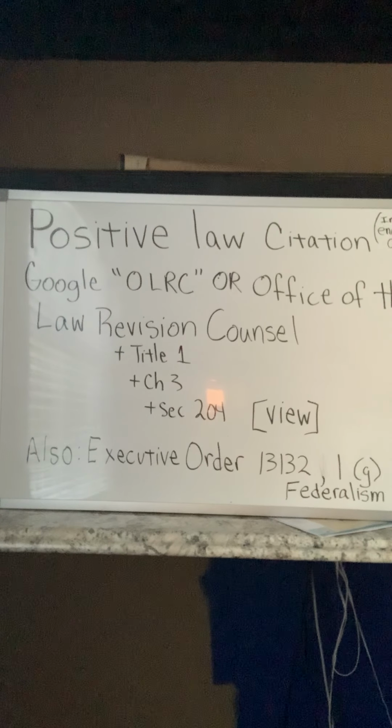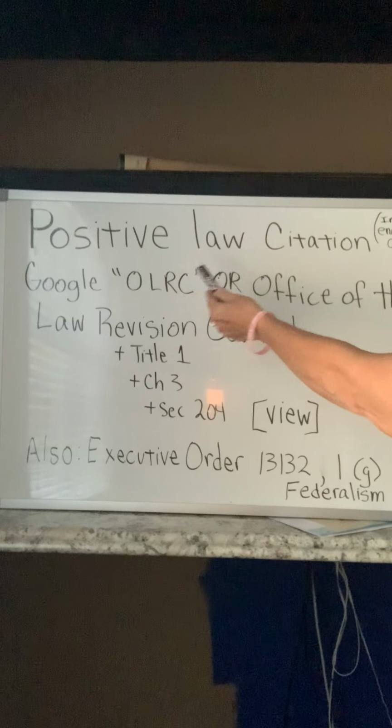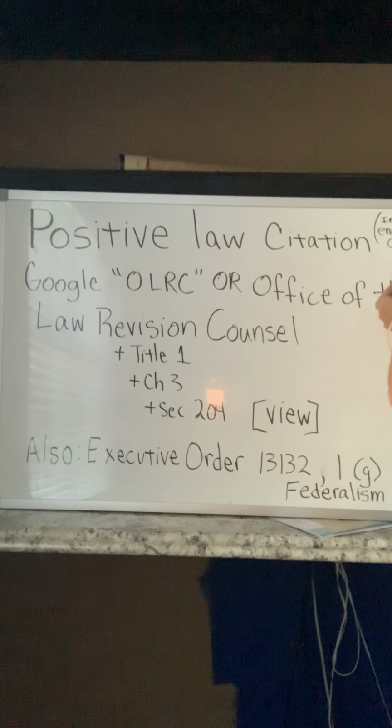And that's going to bring up Section 204 and you can read it. Section 204 says that in order to be considered a law or passed properly into law, the title would need a positive law citation within the enacting clause.